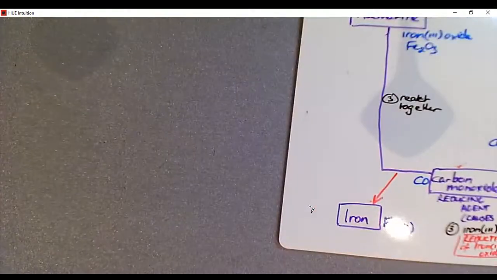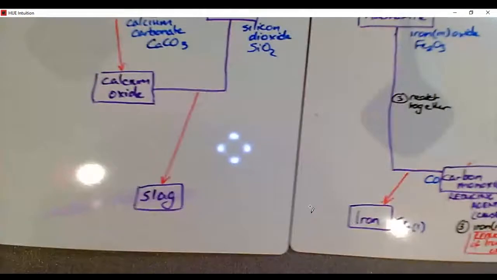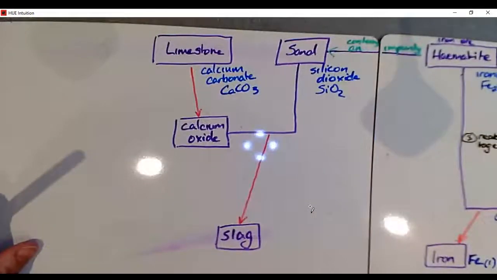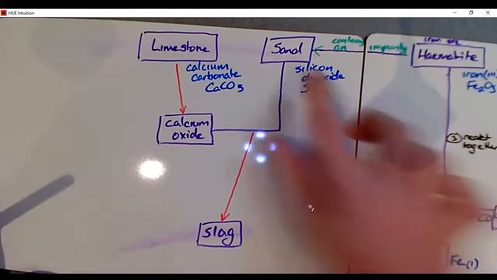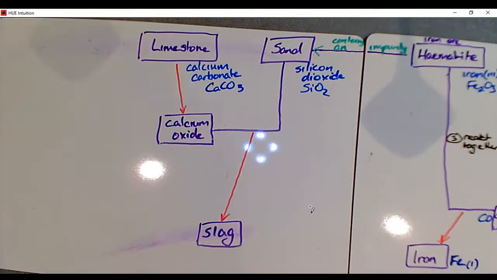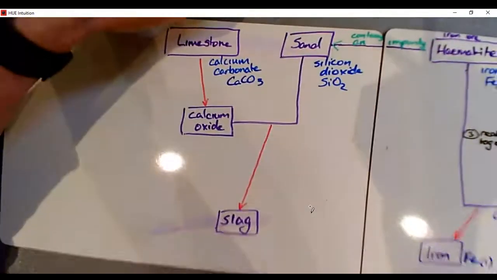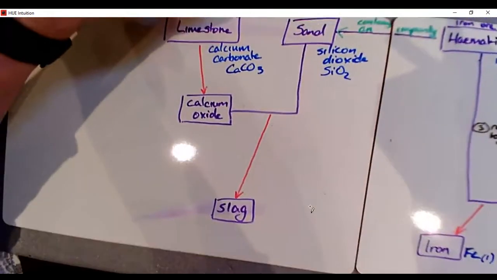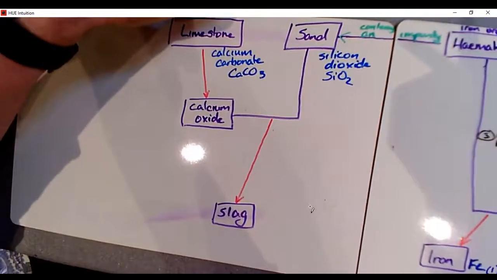Now, what's happening over here? There's a second product formed, right? Now, the sand is an impurity, so if you just left it there, did nothing with it, it would contaminate your iron. You would have really rough iron mixed in with this silicon dioxide, real crumbly and useless.